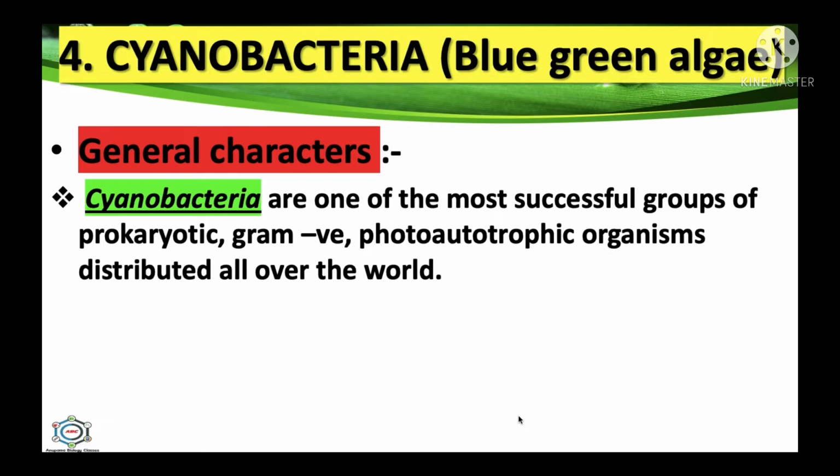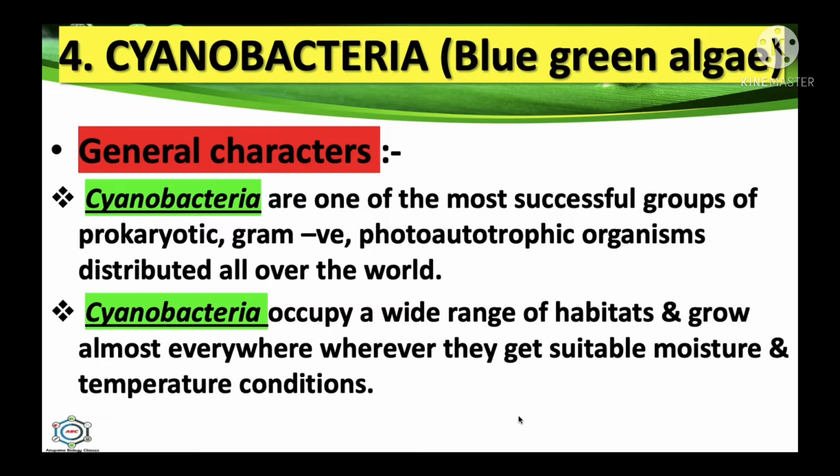So, these are blue rod-shaped structures. So, it's also known as blue-green algae. They are one of the most successful groups of prokaryote, gram-negative, photoautotrophic organisms distributed all over the world. They have survived most successfully for more than 3 billion years on Earth.